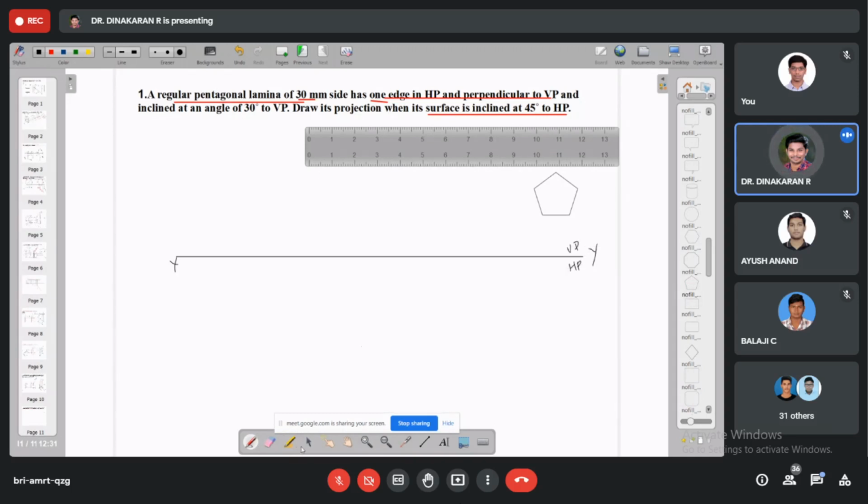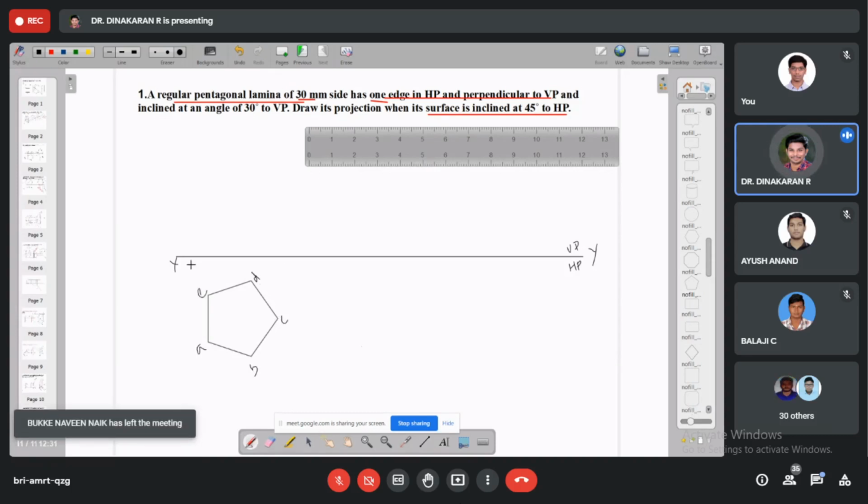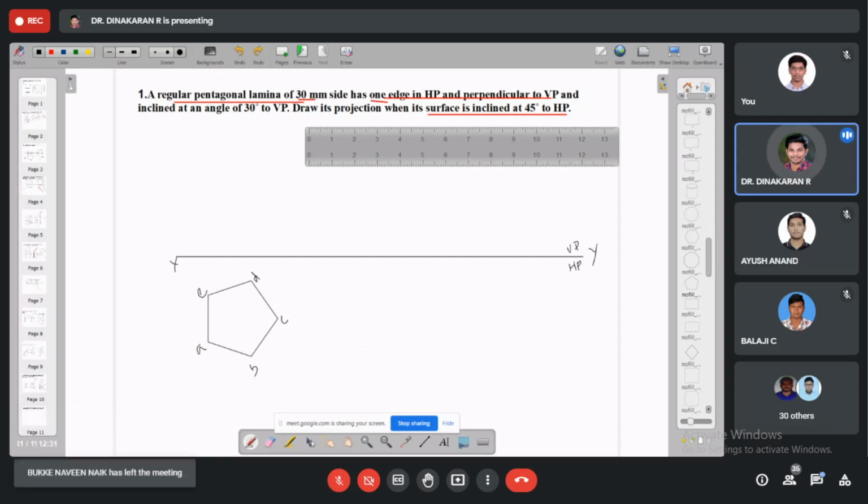Is an edge or a corner resting in this problem? You see, one of its edges is resting on HP and perpendicular to VP. With the edge we will keep to the left side and draw a pentagon. Then after that we need to draw the projection.